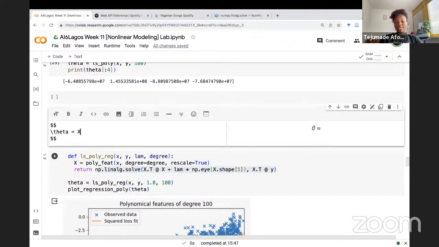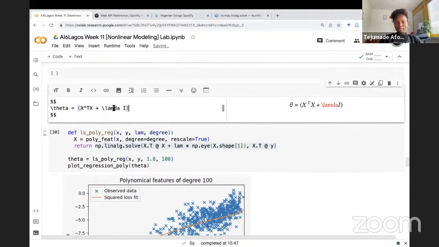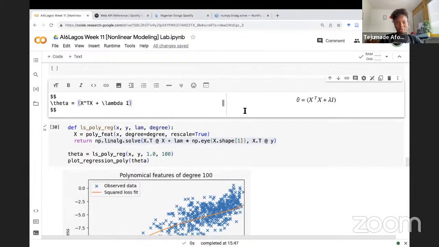So we had plus this lambda, right? Lambda times the identity. So we only have this part, and then we still have the inverse.